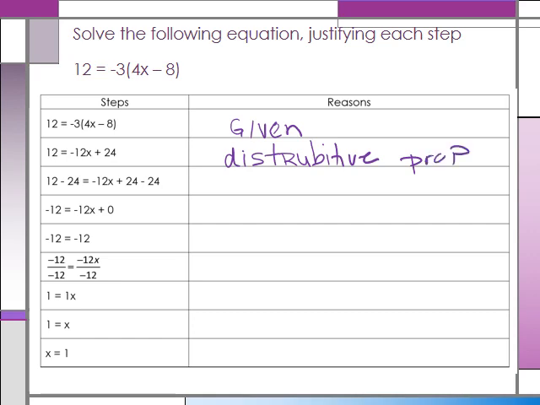Okay. We're now subtracting 24 from both sides. So this is subtraction of equality. Now some people might change that to plus a negative, and that would be addition. All in how you solve it. Okay, on this part, I've got substitution.